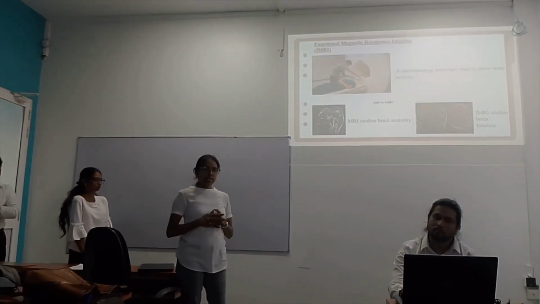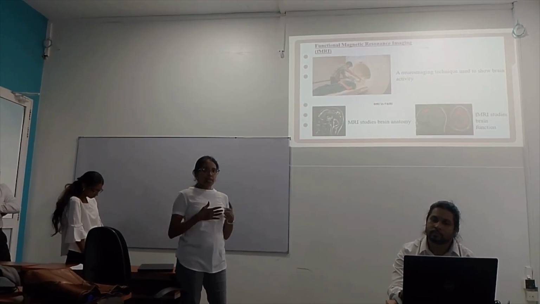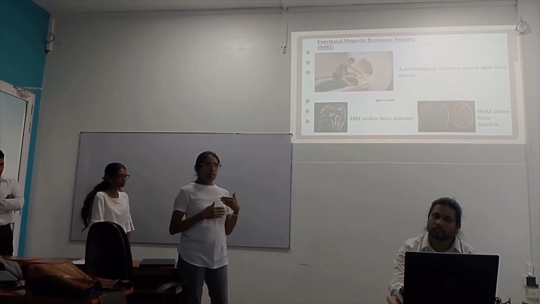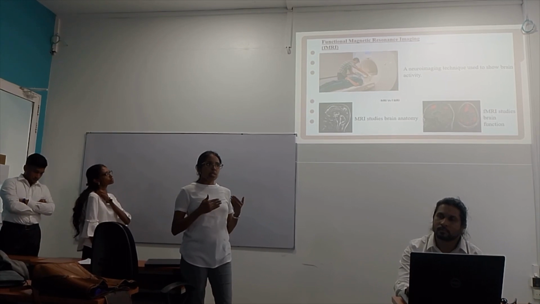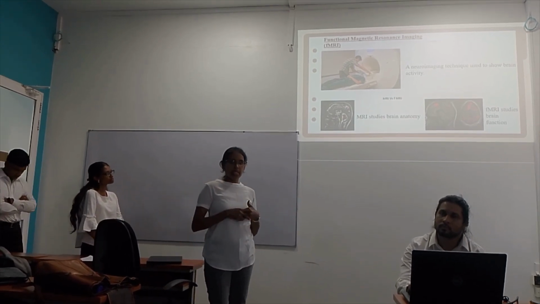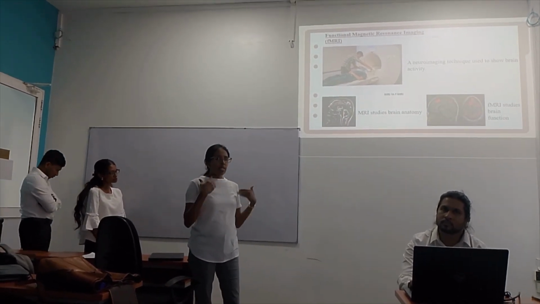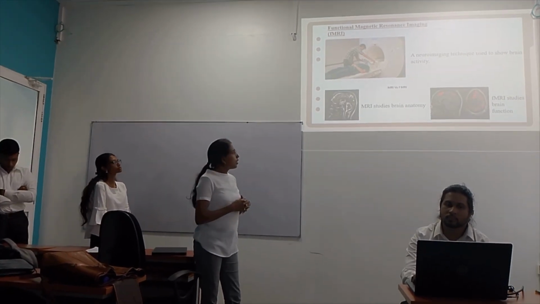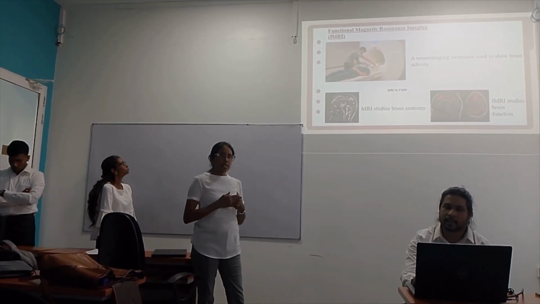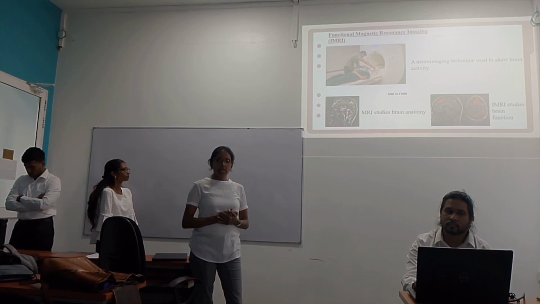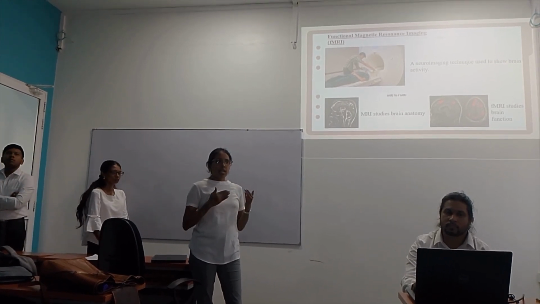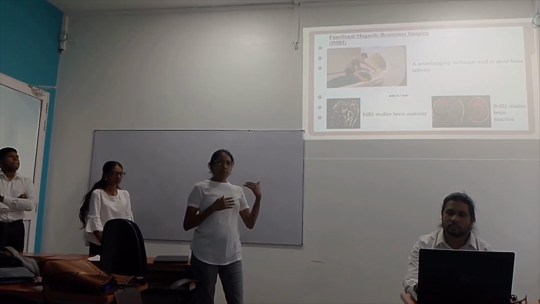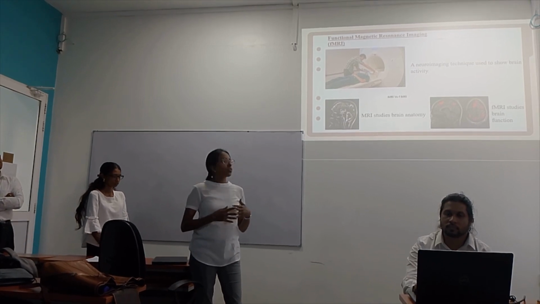The MRI scanner uses a strong magnetic field and provides highly detailed 3D images of the inside of the body. But in fMRI, the same MRI scanner is used, but it detects the blood flow in different parts of the brain.